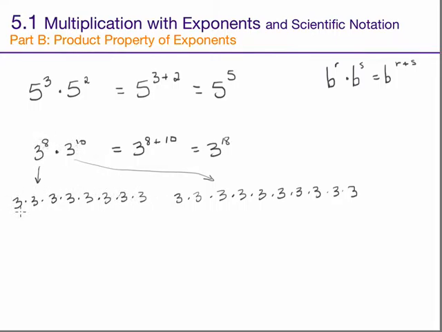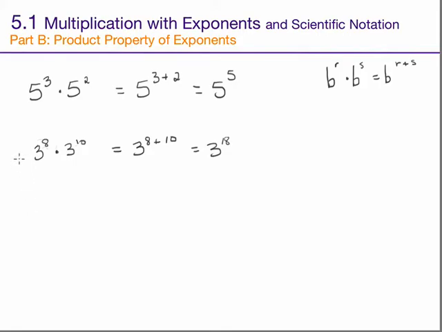So let's multiply this by this. Now, every single dot that you see here, including this one, is a multiplication. So all I'm really doing is multiplying 3 by itself this many times. If you count these, you'll get 18. 8 and 10 more.